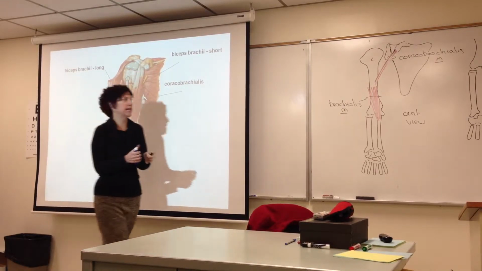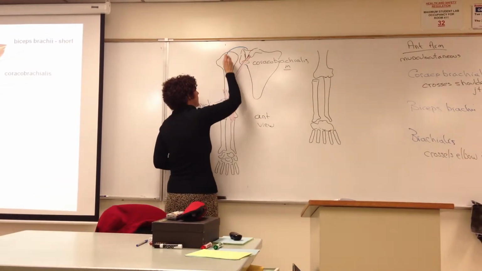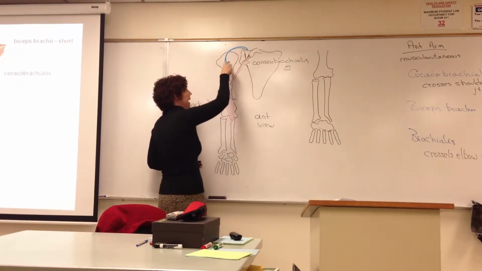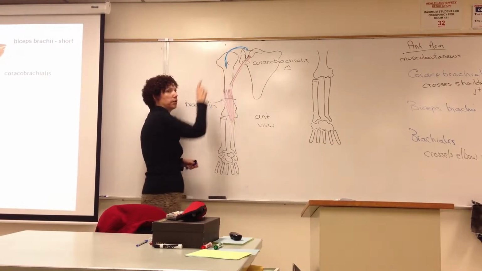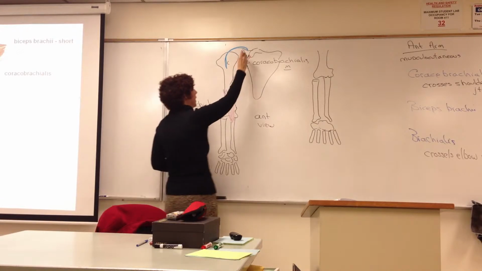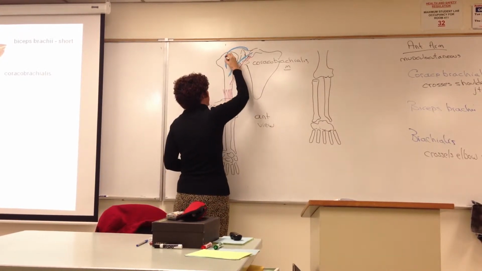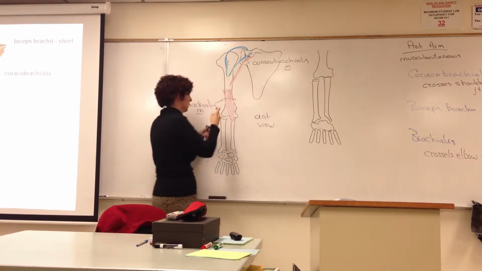So I'm going to draw those tendons in blue just to emphasize that. So here is the tendon of the long head, passes between the lesser and greater tubercles. Remember the intertubercular sulcus. And then coming from the coracoid process, we have the tendon for the short head.